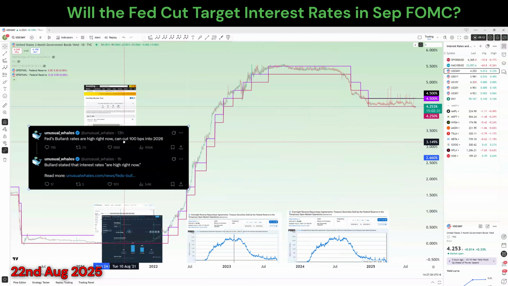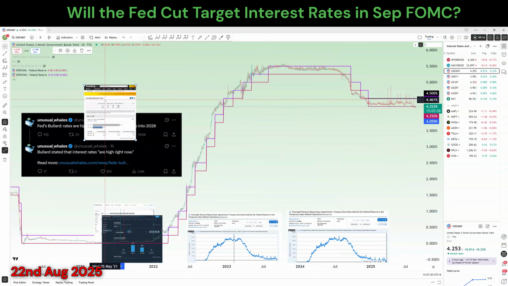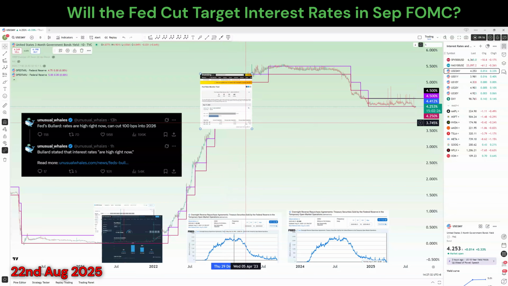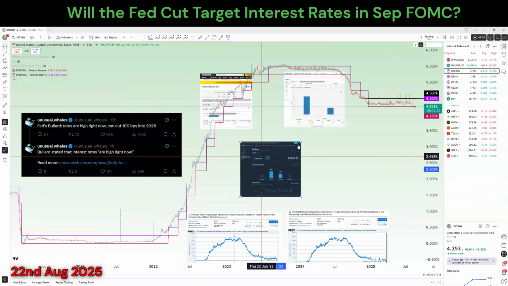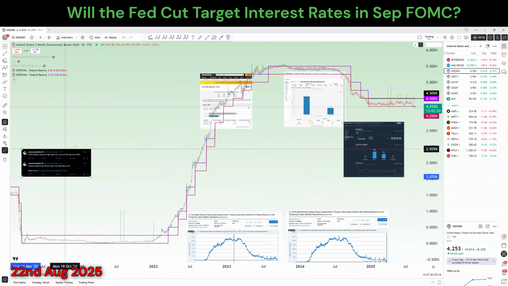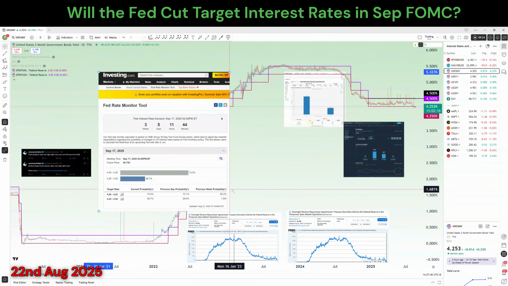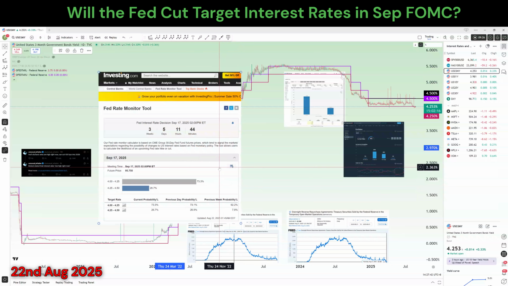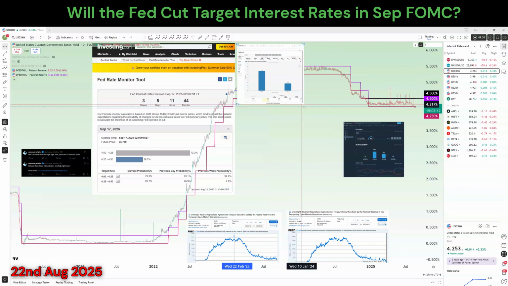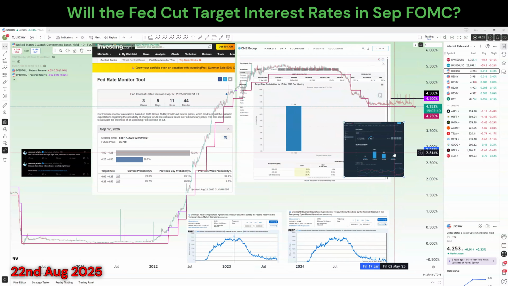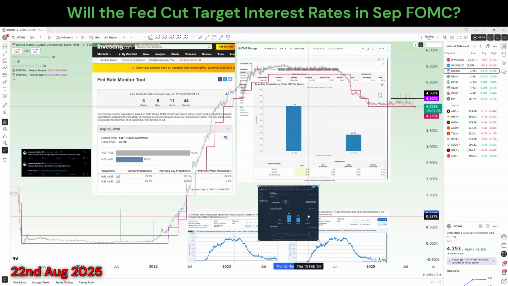Now the next thing I will show you is how the market is betting, right? So three different sources. Okay, so over here you see that I have this investing.com. So this is the monitor tool that shows what they expect from the September FOMC.